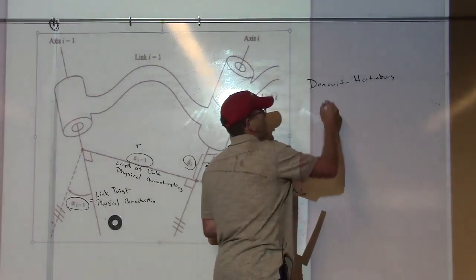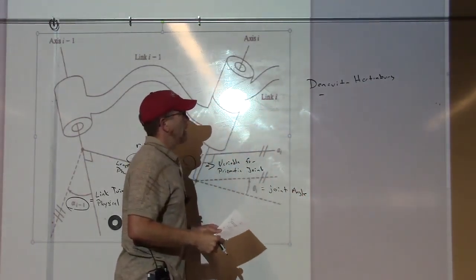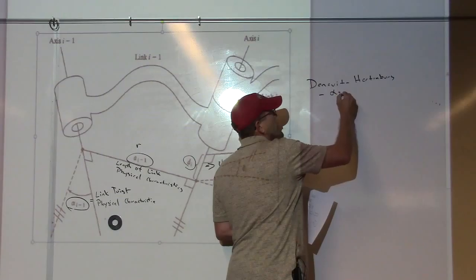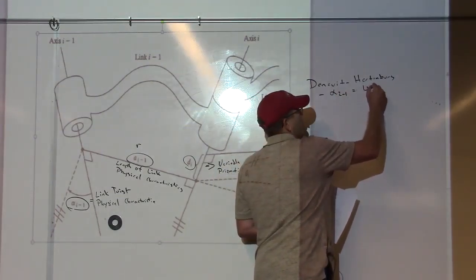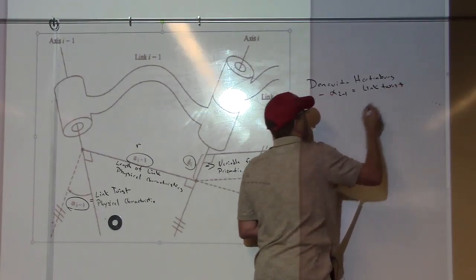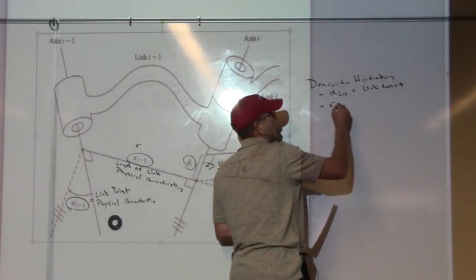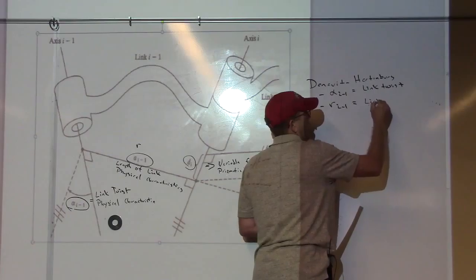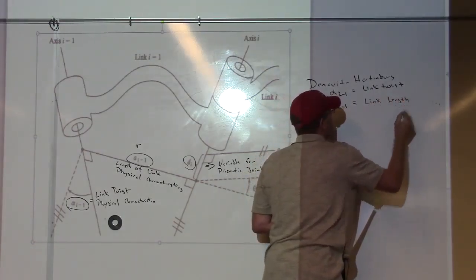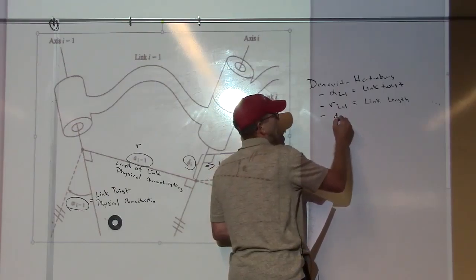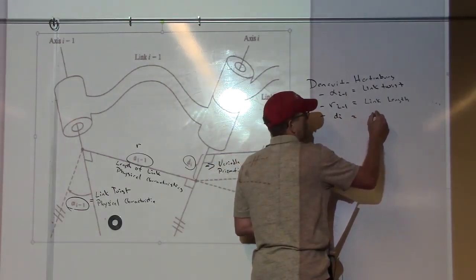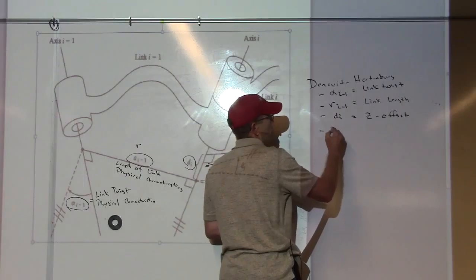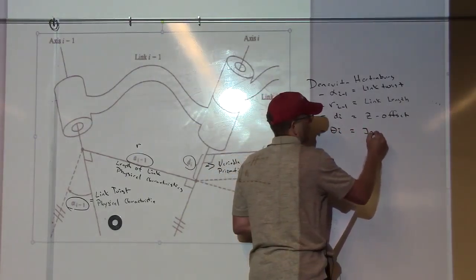As I mentioned yesterday, they were grad students at Stanford back in the day, and essentially they defined the alpha as the link twist, the a sub i minus 1 as the length, the d sub i, which is the offset, and finally the theta sub i, which is the joint angle.